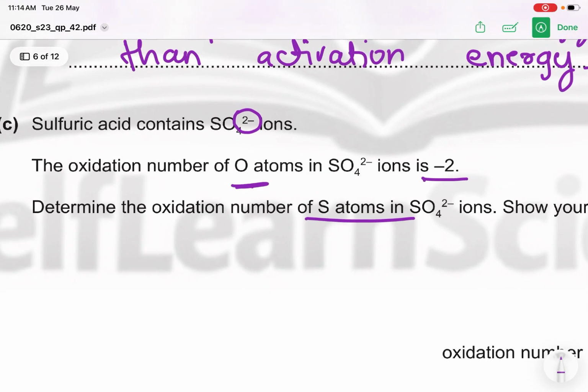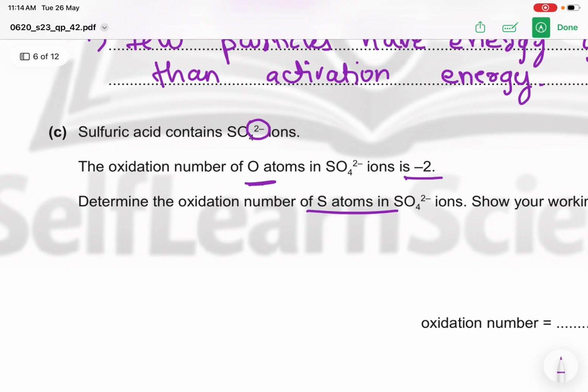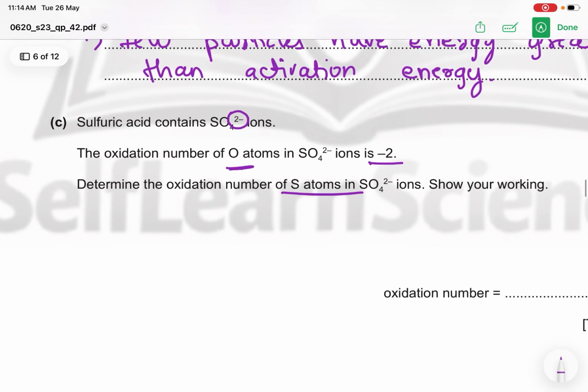So we are supposed to find the oxidation number of sulfur. How will we find it? We have SO4 2-. The oxidation number of sulfur we have to find, so it will be x plus we have 4 oxygen atoms, so 4 into the oxidation number of oxygen, which is minus 2, and because it is a compound ion, it has a charge on it, it is not neutral, so instead of writing 0 we will write the charge which SO4 2- is carrying.